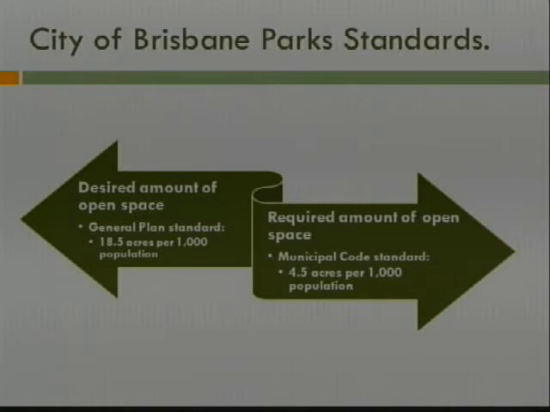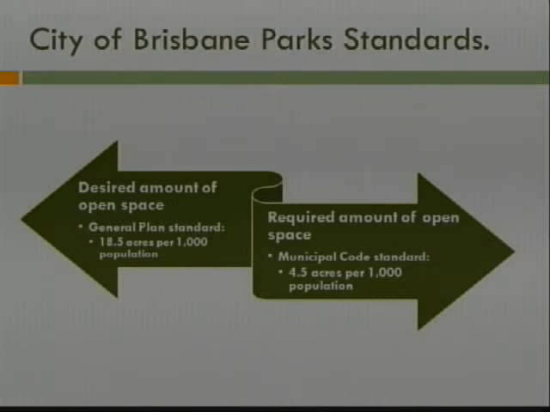In the general plan is a park standard. There's also an open space standard. But in terms of parks, the general plan says as a community, we want 18.5 acres of parkland for every 1,000 people that live in the community. That's what we desire.